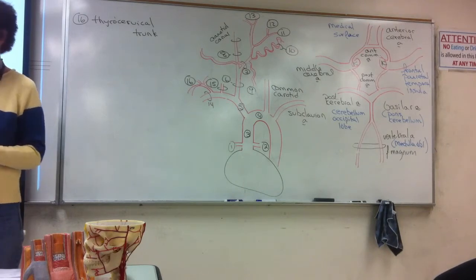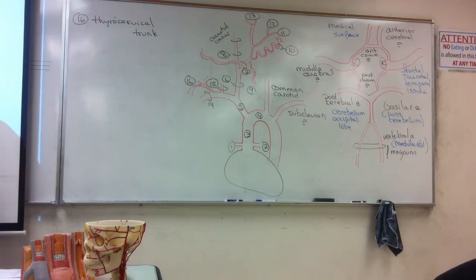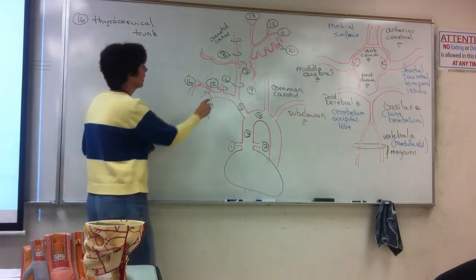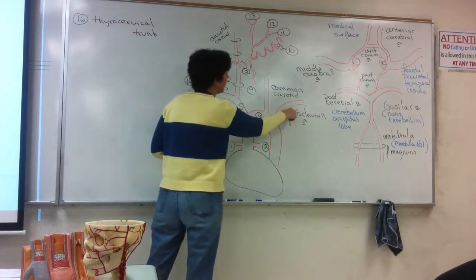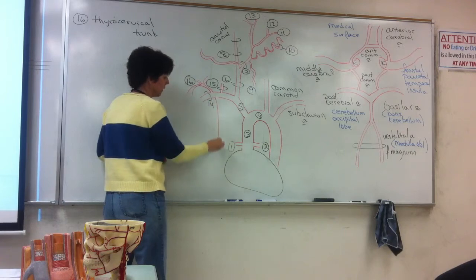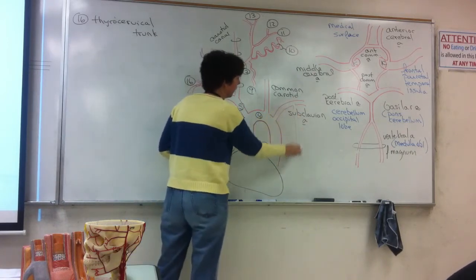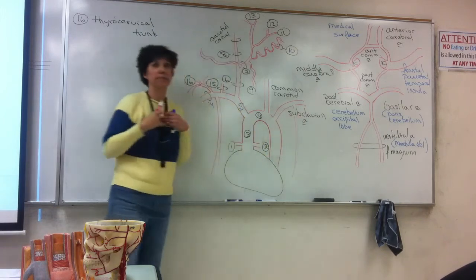And then the last one I want to do is this little branch right here. We'll pick it up tomorrow when we talk about the blood supply to the chest. It's coming off of both subclavians. There's a vessel that runs down about 2 inches lateral to either side of the sternum.